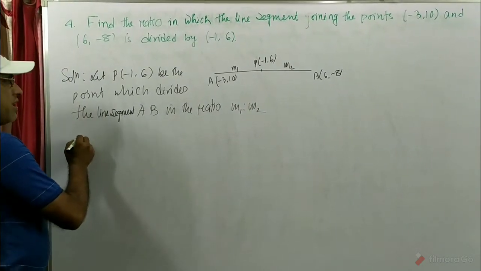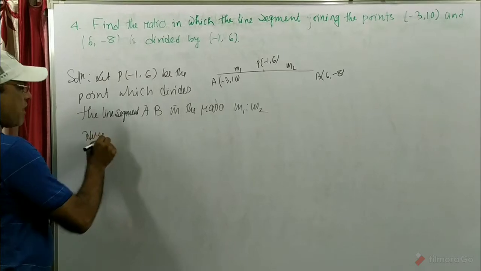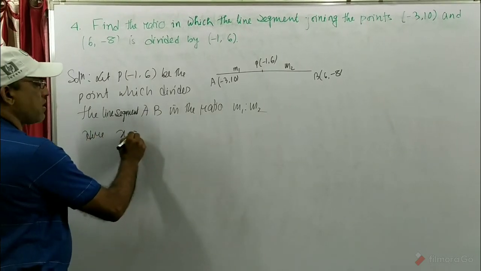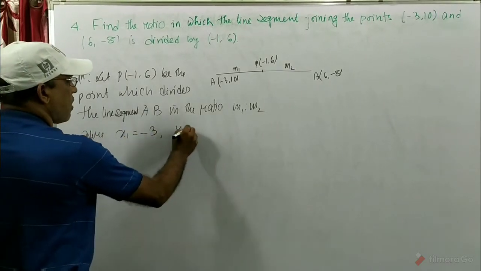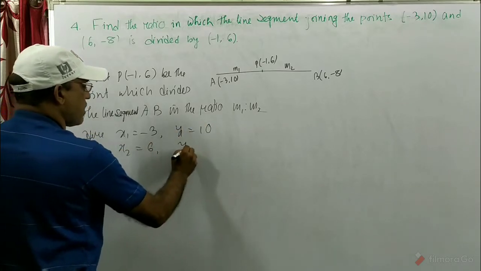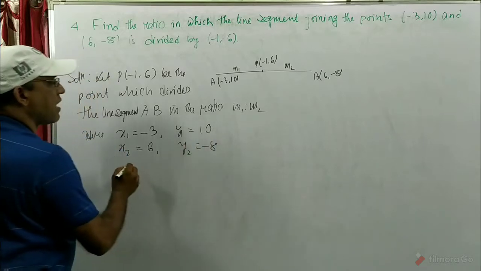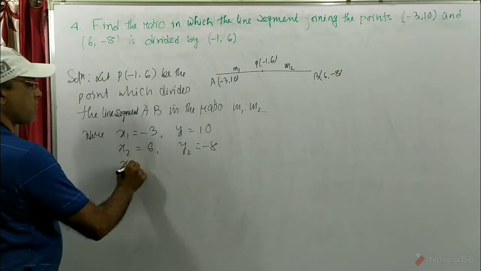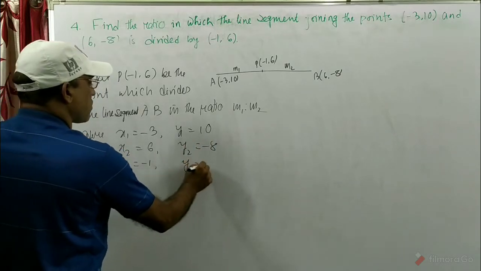So here we have some values: x1 equal to -3, y1 equal to 10, x2 equal to 6, y2 equal to -8, and x equal to -1, y equal to 6.